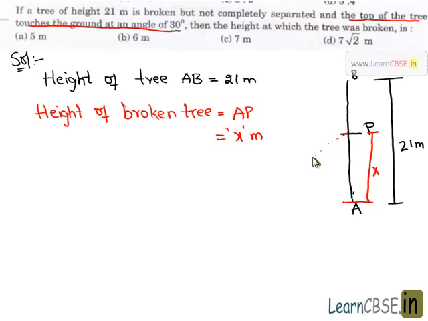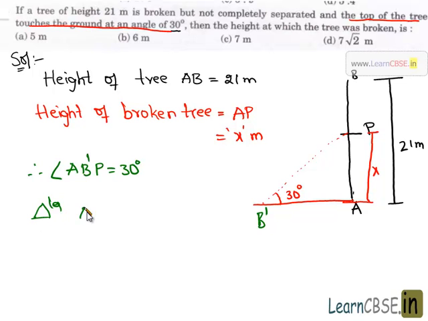From this point, the top touches the ground by making an angle of 30 degrees with the ground. Let the top, when it reaches the ground, be at a point B dash. Therefore, we have angle AB dash P equal to 30 degrees. If we look at the figure, triangle AB dash P is a right angle triangle.